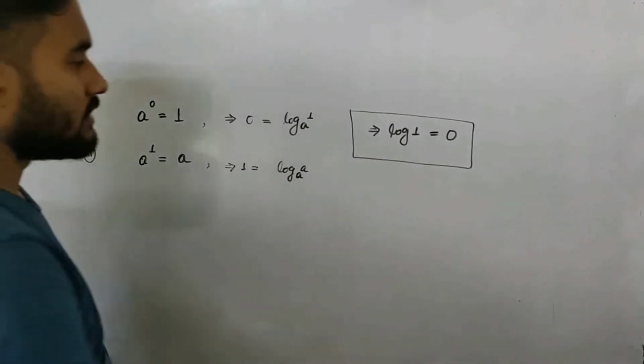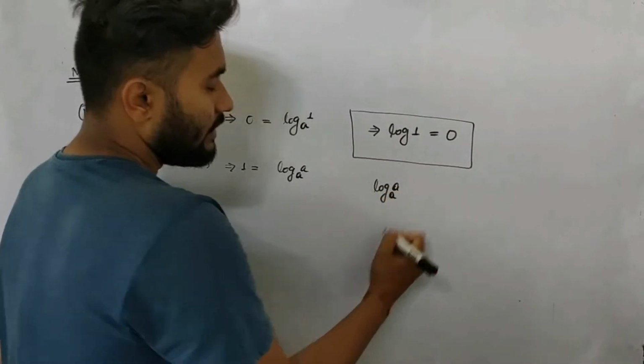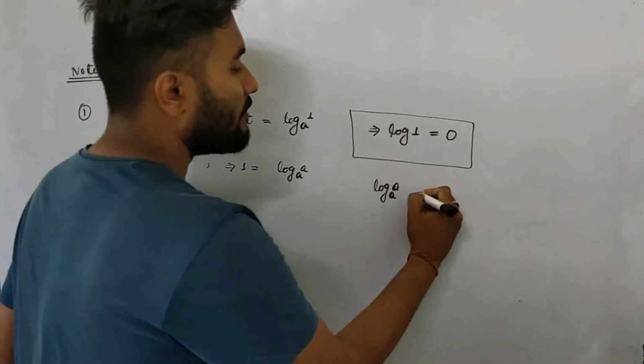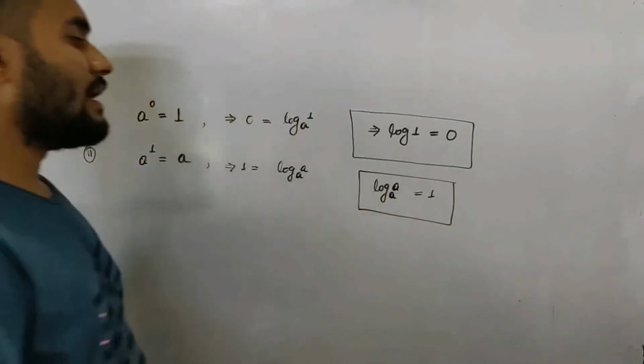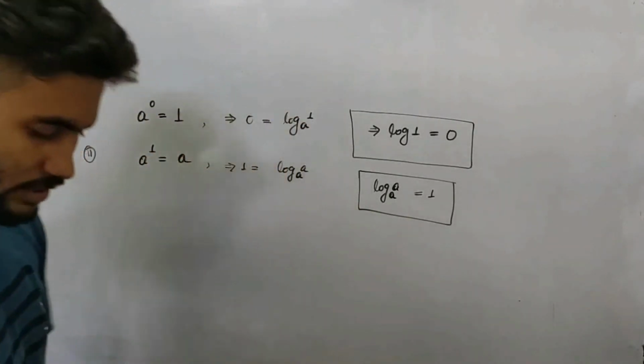Understood? So this is the important thing: if they are the same, then the value will be always 1. That is compulsory. Okay, understood?